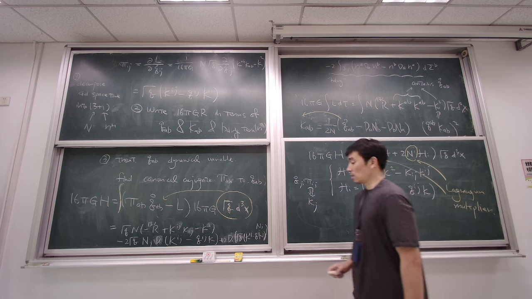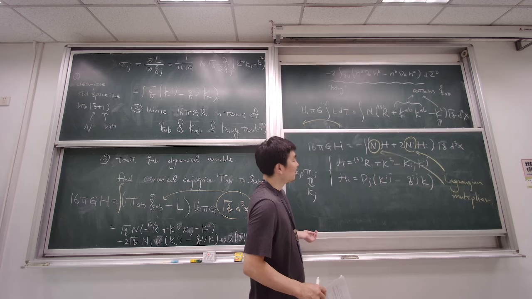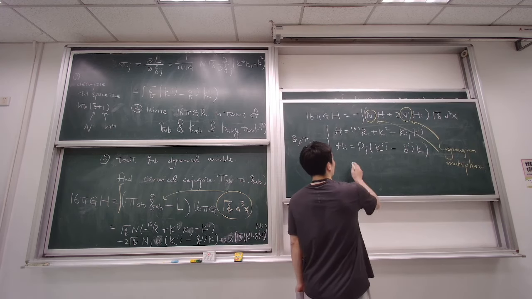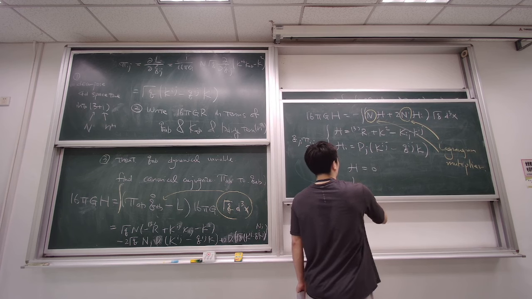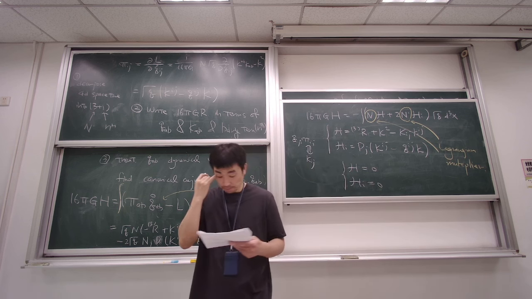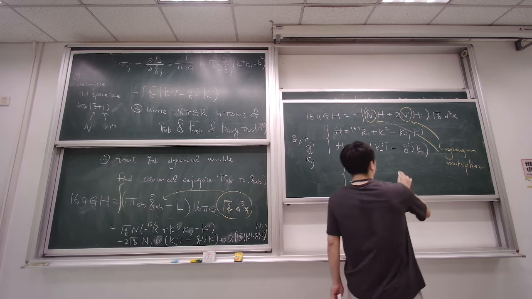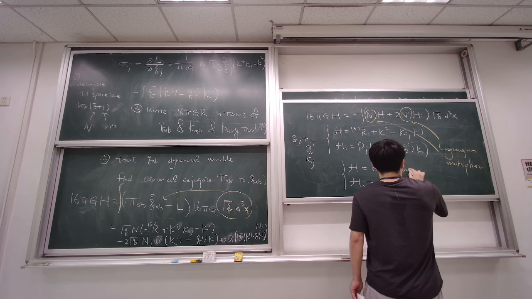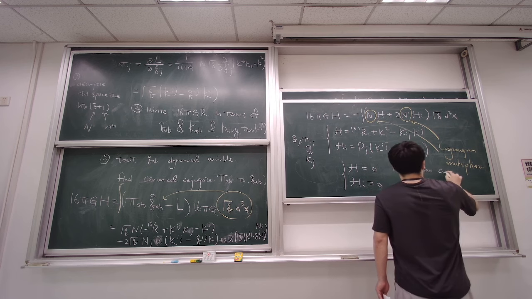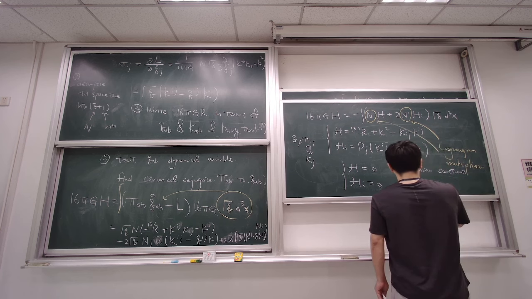Since they are not dynamical variables, as always the Lagrange multiplier gives constraints: H equal to 0 and H_i equal to 0. This is called the Hamiltonian constraint, and this is the momentum constraint.